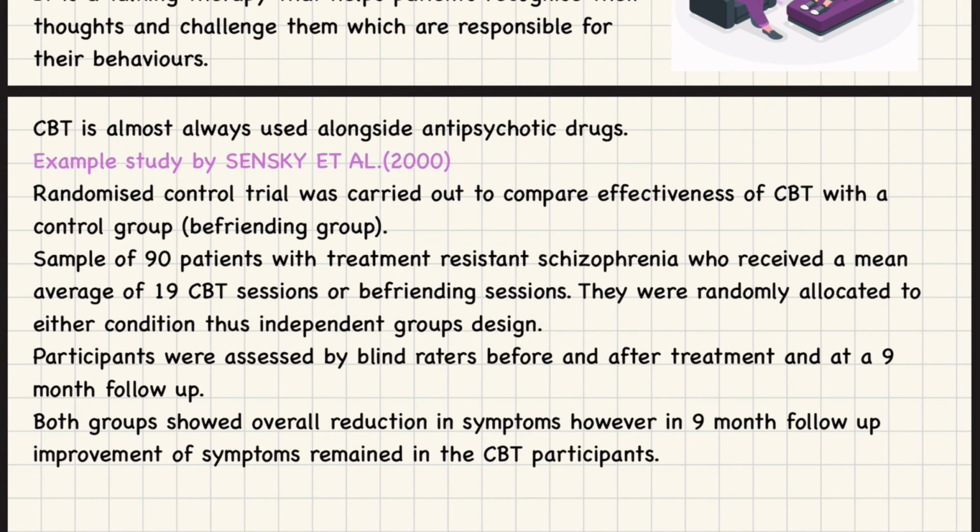So these 90 participants were randomly allocated to either the CBT session or the befriending session. So thus this was an independent groups design. Now this helped for lower risk of participant variables.